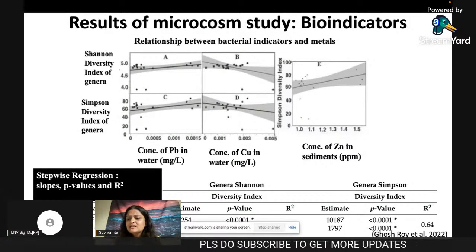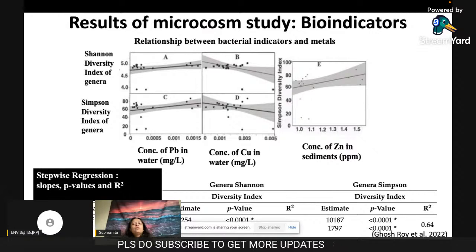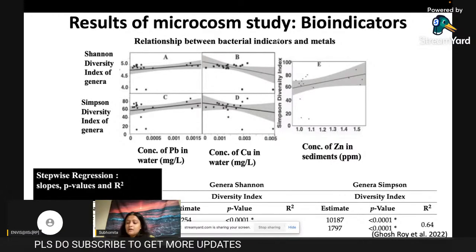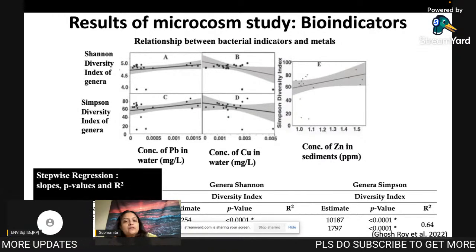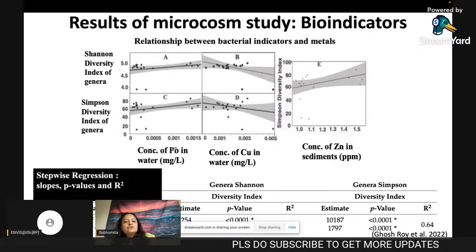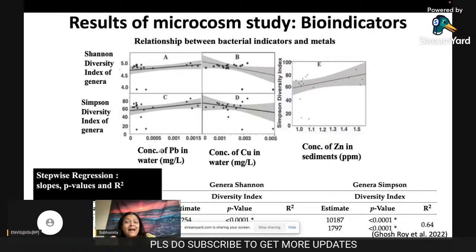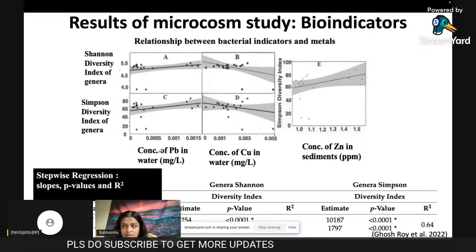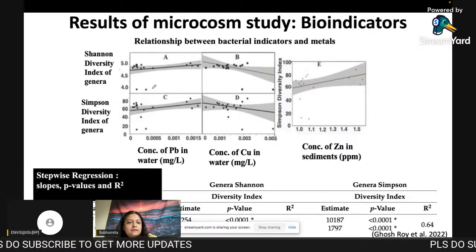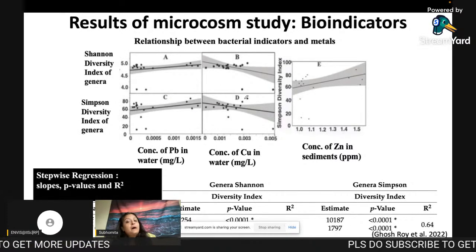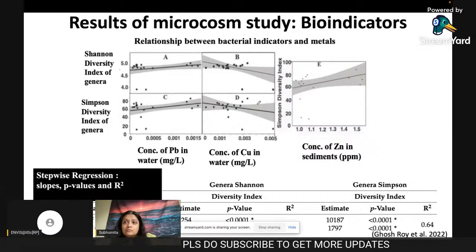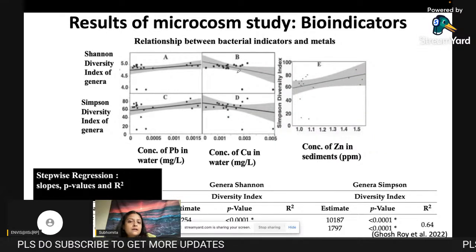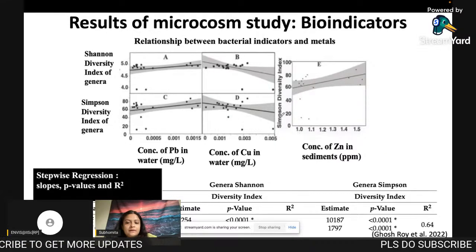Now, when we analyzed the results, like we saw before, lead was favoring the diversity of these bacterial indices, and we see the same thing here. So even though we have added lead in higher concentrations in these waters, we still see an increase in diversity. But that was not the story for copper. Copper was affecting the diversity negatively, so there was a clear decrease in diversity.